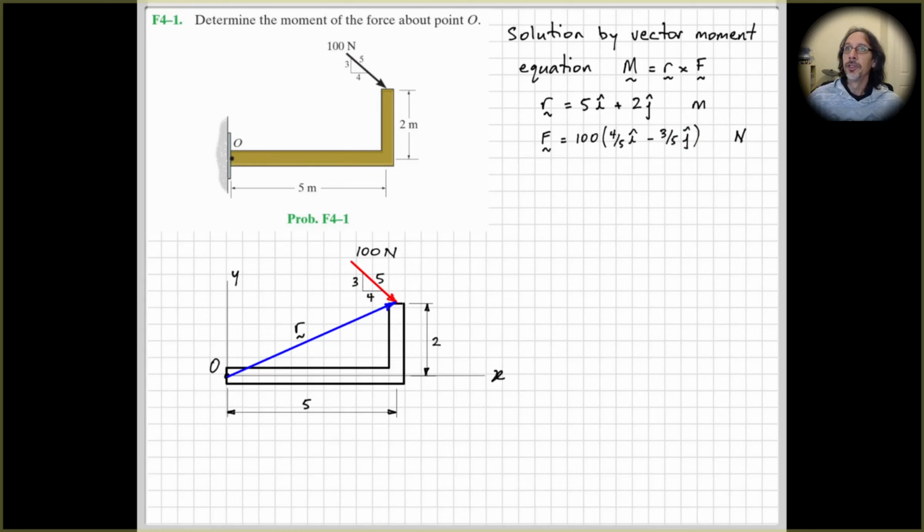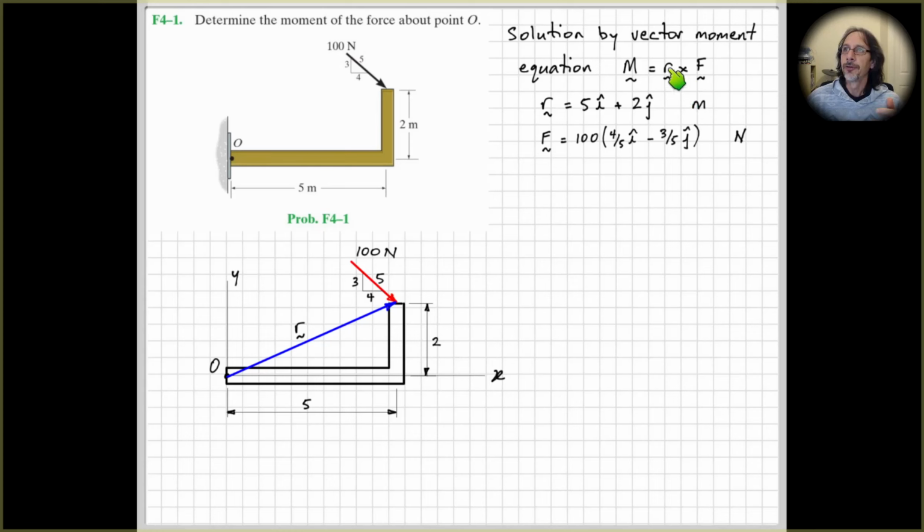And that's in newtons. So we've now got our two vectors, r and F, the position vector and the force vector. Now, with our vector moment equation, it's important the order that we do the cross product. You should remember from your maths that the order in which you do the cross product affects the solution, right?